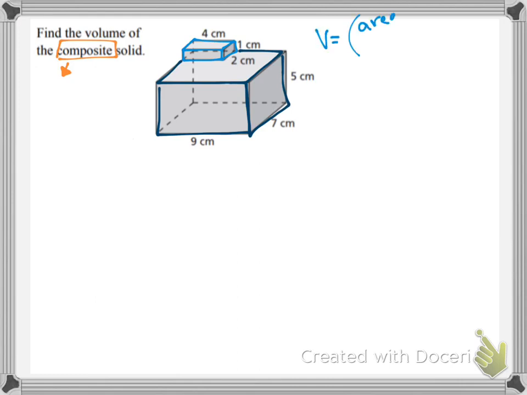So again, that formula, area of the base times the height of the object. So this is a rectangular prism. You can pick the top and the bottom to be your base. You could pick the sides to be your base. It doesn't matter as long as they are opposite. I can't highlight everything, but looking at the top rectangle, it is 4 centimeters, because the area of a rectangle is length times width.